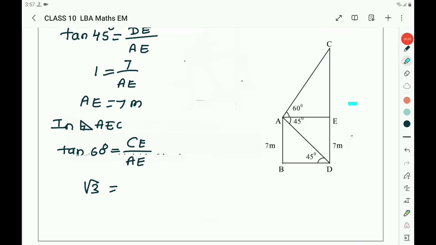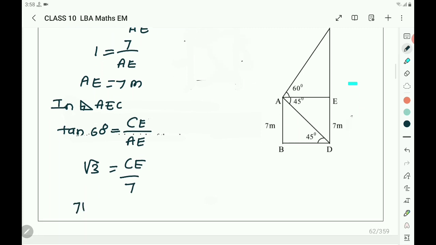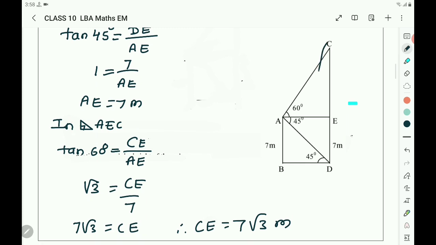Then CE is to be found out. Write CE only. AE is 7 meter. Then 7 root 3 equals CE. Therefore, CE is equal to what? 7 root 3 meter. That is the height of the tower CE.